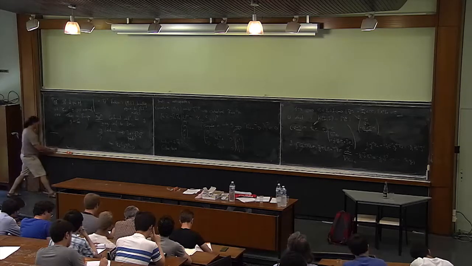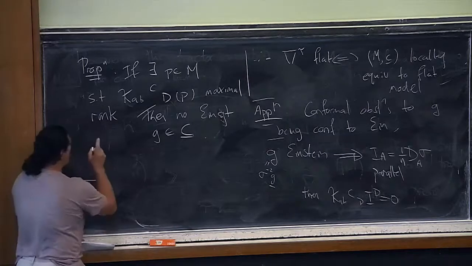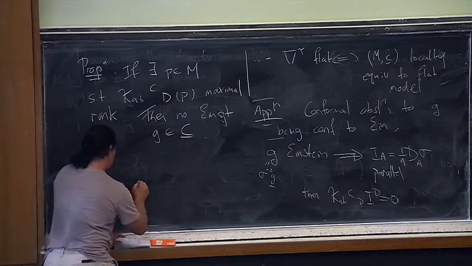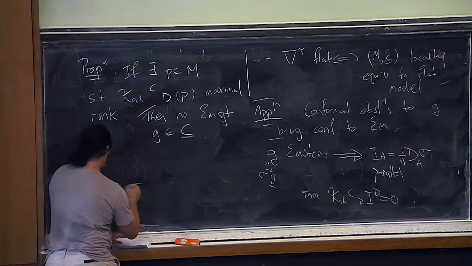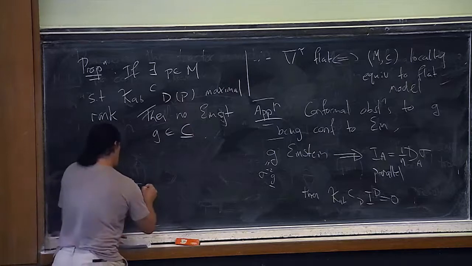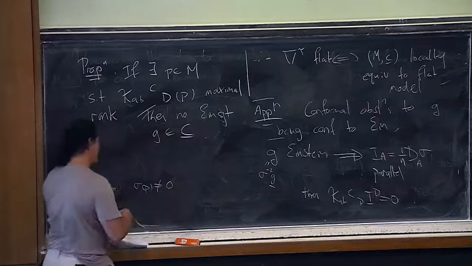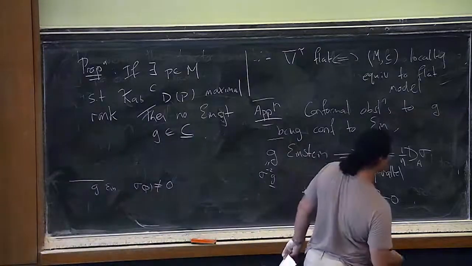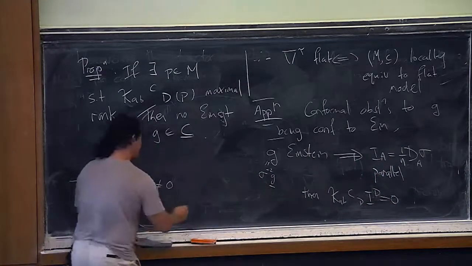And the point is that if this is a metric, so g Einstein, then that means that the scale thing that corresponds to the metric is not 0 at P. And therefore, the scale tractor always has something in the top slot.